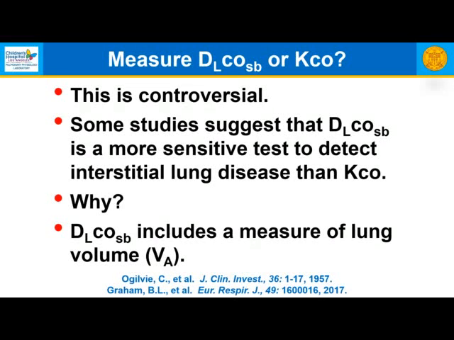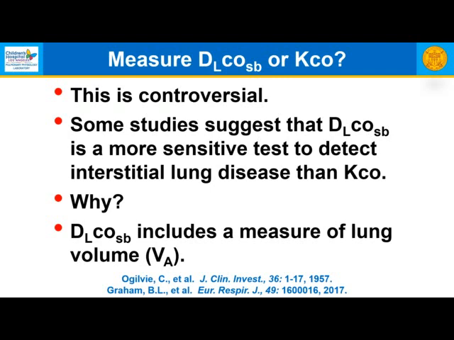This is controversial. Some studies suggest that the diffusing capacity alone is a more sensitive test to detect interstitial lung disease than the KCO. Why? Well, the DLCO also includes a measure of lung volume, and many of the lung diseases where we're most interested in the diffusing capacity, pulmonary fibrosis, interstitial pneumonitis, pulmonary hypertension, etc., often also include restrictive lung disease. So if the parameter you're measuring essentially includes a measure of total lung capacity, it is more likely to be abnormal.